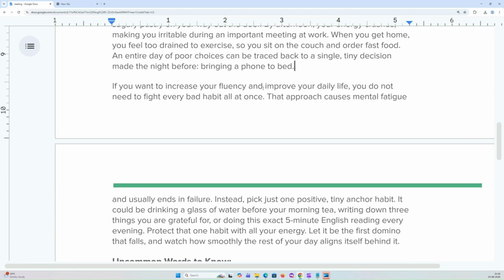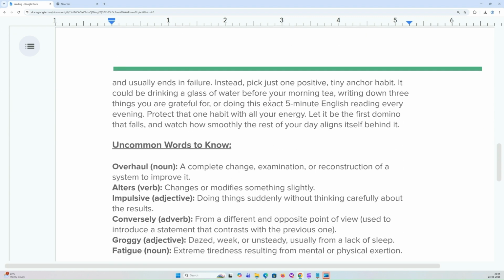If you want to increase your fluency and improve your daily life, you do not need to fight every bad habit all at once. This approach causes mental fatigue and usually ends in failure. Instead, pick just one positive, tiny anchor habit.